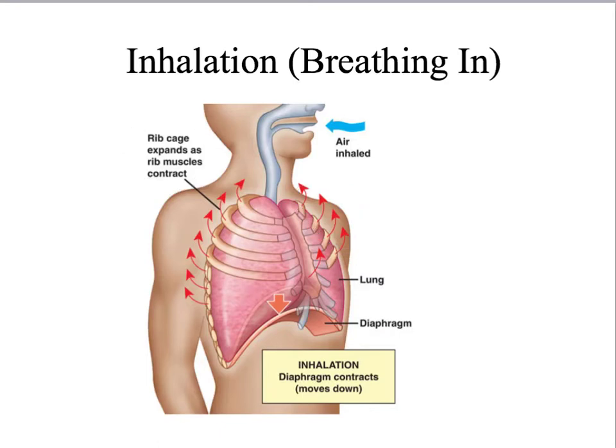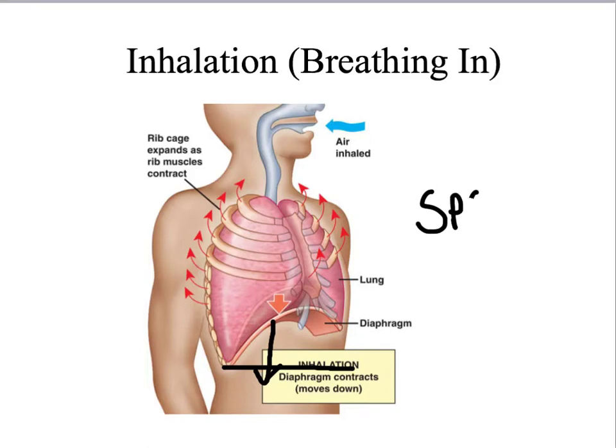We also have the diaphragm. Now, the diaphragm also contracts, so all of our respiratory muscles are contracting in order for us to breathe in. And when the diaphragm contracts, it actually flattens out. So rather than being the dome shape that you can see at the moment here, it starts to flatten and move downwards. And so we start to see it move down this way, and it flattens more, like with what I've just drawn there with my pen. By doing this, we increase the amount of space inside the cavity.